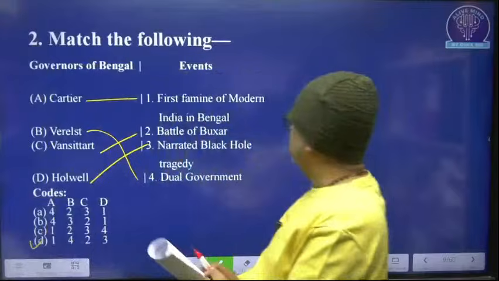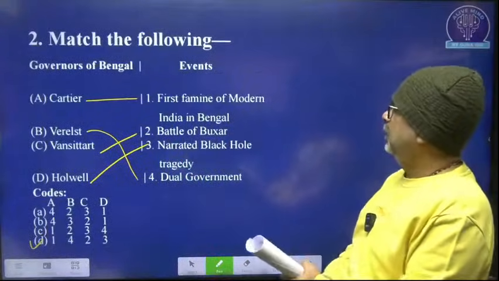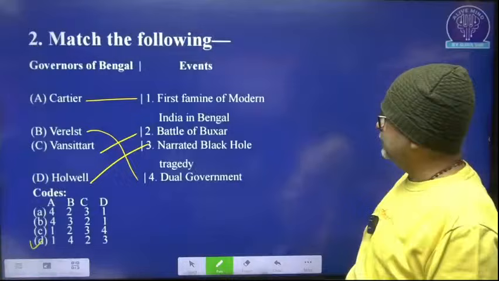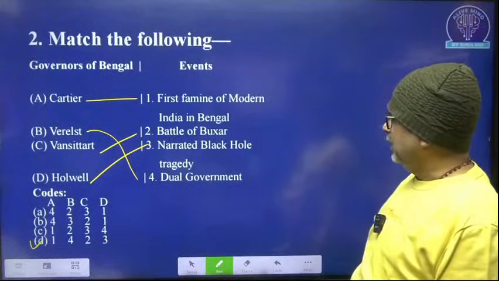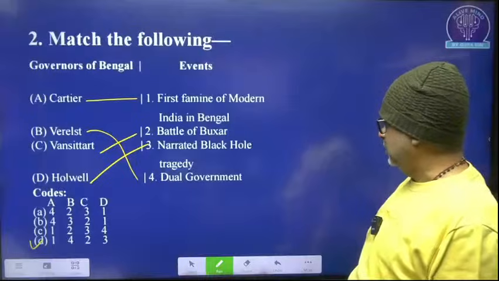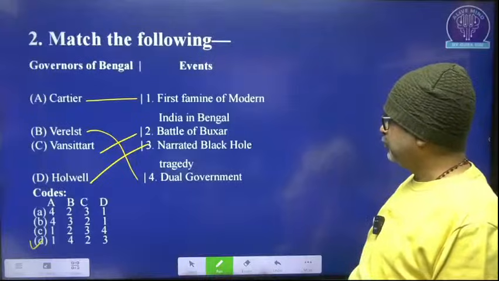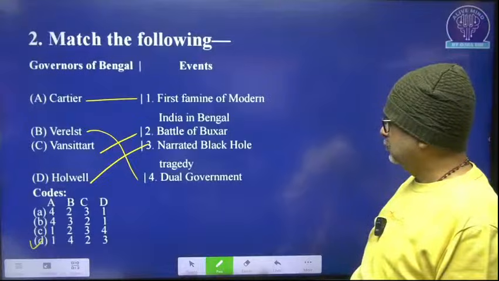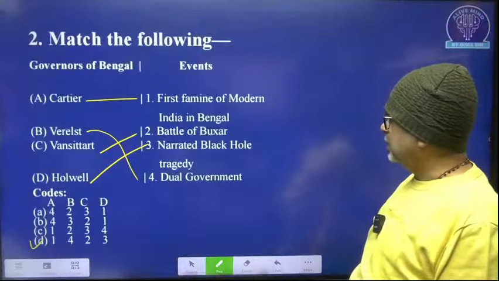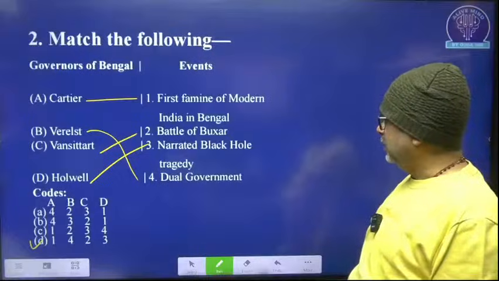So Cartier, he was the governor of Bengal, first famine of modern India. First famine of modern India in Bengal. Verelst, dual government, he also. Vansittart, Battle of Buxar. Holwell narrated the Black Hole Tragedy.